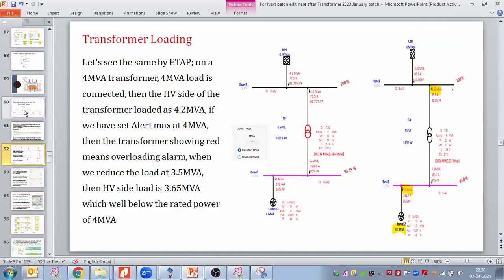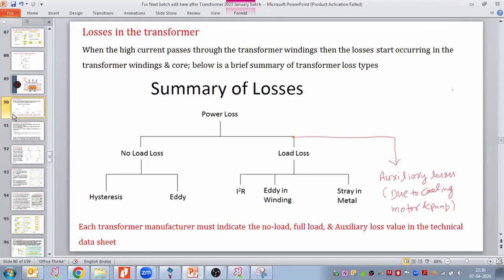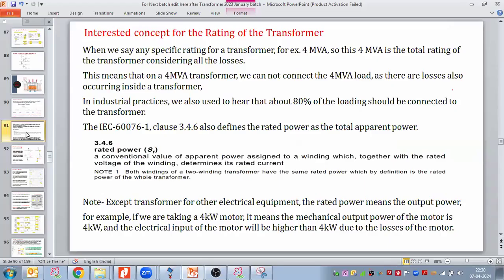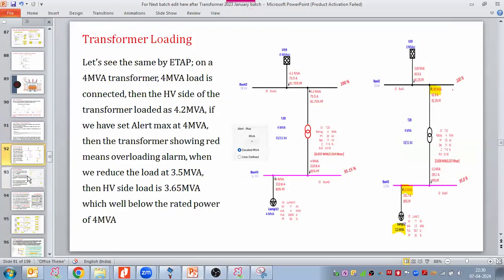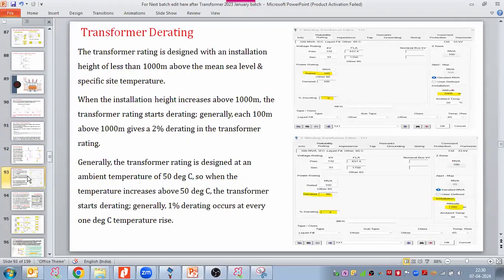I hope I am clear with the losses, which is the main topic. Taking the losses, I have explained about the rating and then loading of the equipment. One more example here. This is derating.